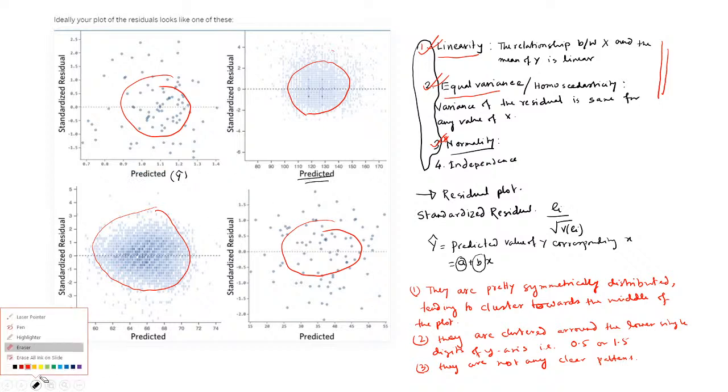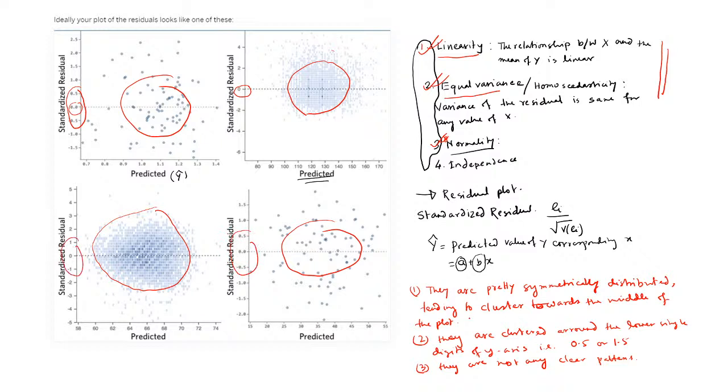Lower single value means this y-axis value. See that the maximum data points lie between minus 0.5 to 0.5, so around 0. Similarly here also, most of the data lies around 0. Similarly here we also see that the maximum data points lie within this interval.